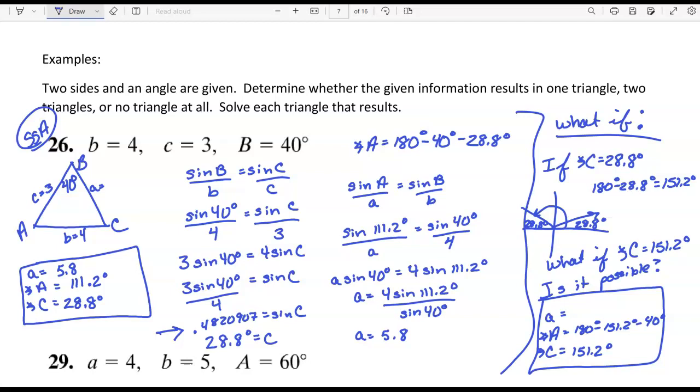So 180 minus 151.2 minus 40 is not going to give us something that's possible. That gives us a negative angle value, and we can't have a negative angle, right? So is it possible? No. But we still had to consider that, all because we took the arc sine to figure out angle C. So you have to think about all possibilities. So in this case, we resulted in one triangle.